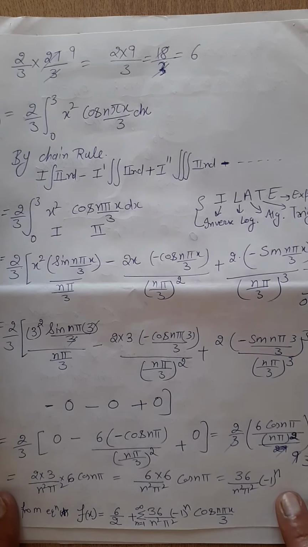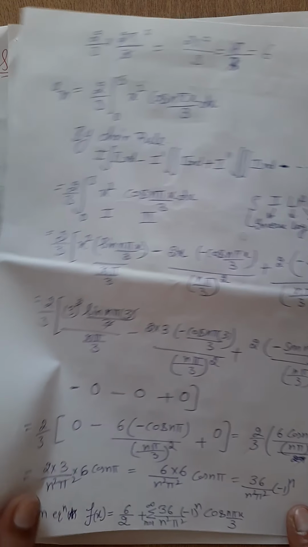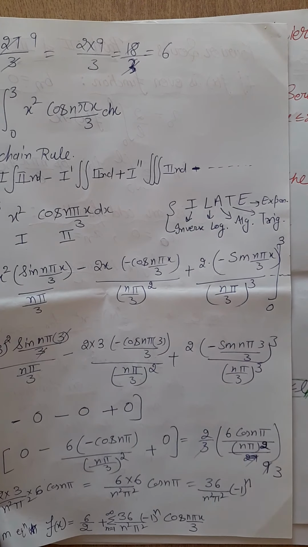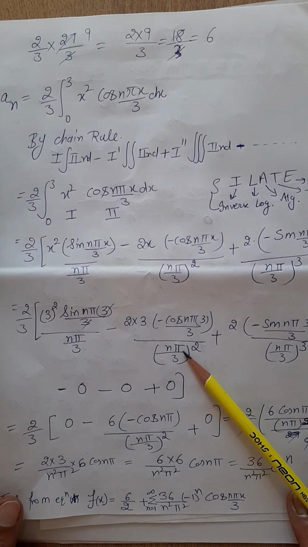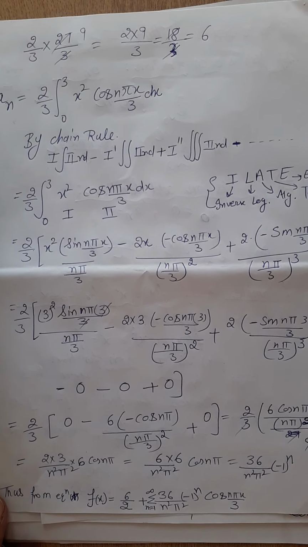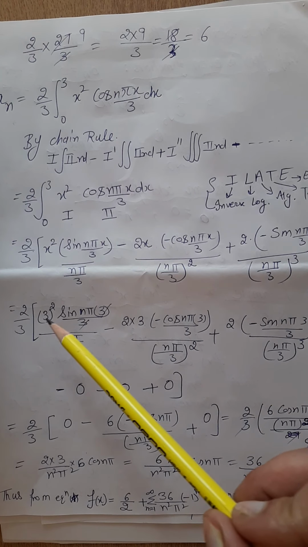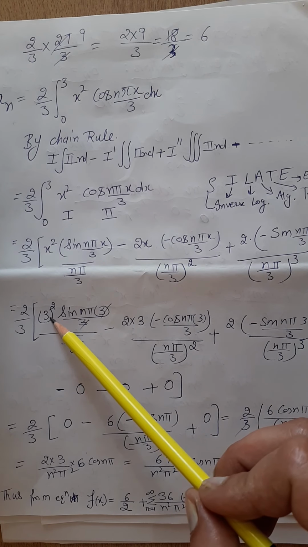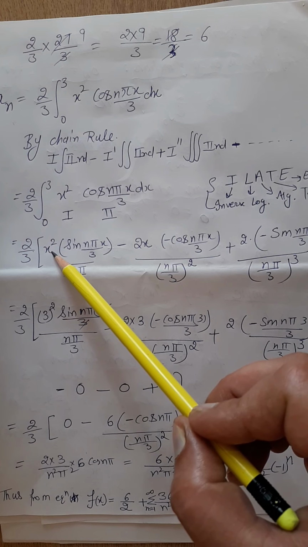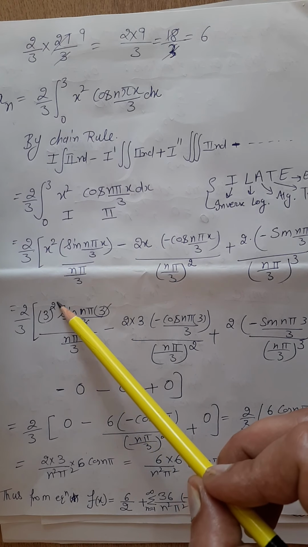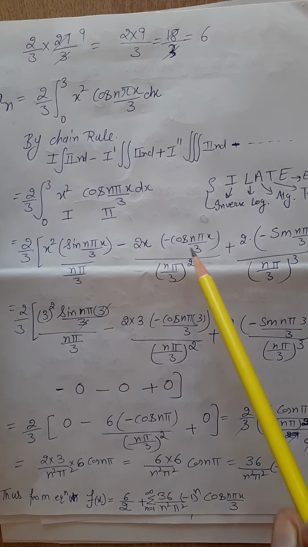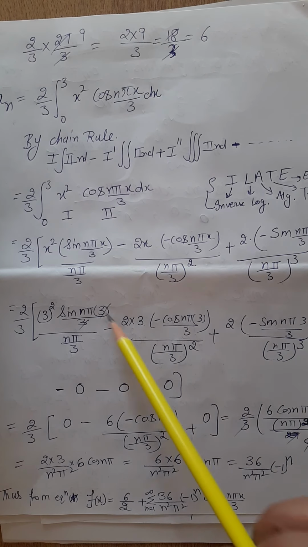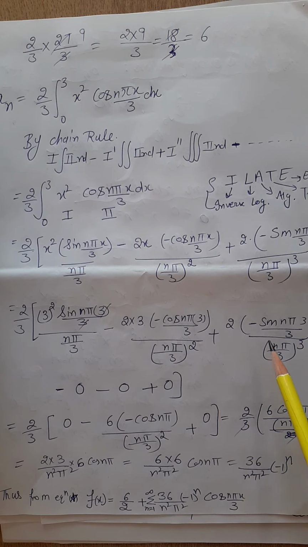Now, in the next step, you can see we put the limits. After that, you put upper limit minus lower limit. You put 3 in the place of x. First of all, we put 3 square, sin(n pi times 3 upon 3), and so on. In the place of x, you put 3 in your first part.